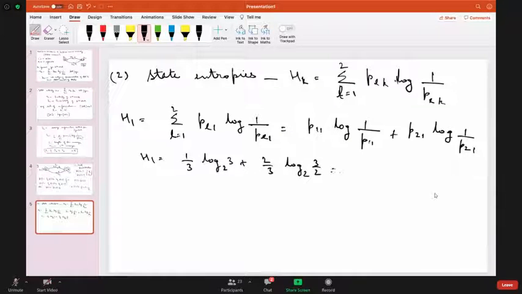So you can evaluate this value and you'll get some answer. If anybody can tell me what this answer is, then I can write it. Just a second. Anybody can unmute themselves and tell me the answer.